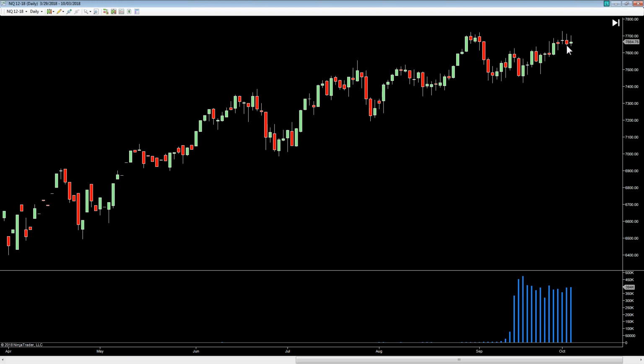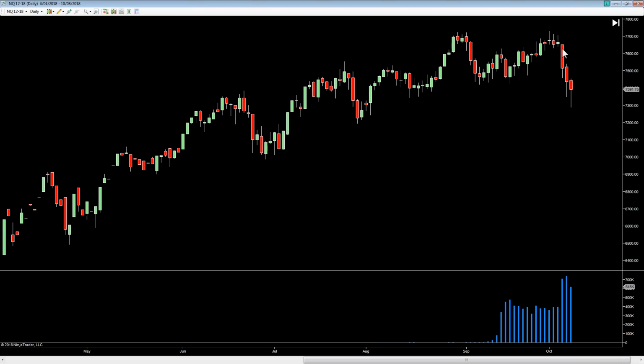But when you get tiny bars that aren't going anywhere, and you're still getting above average volume, that tells you that something's not quite right. And usually what that means is a reversal. Not always. Occasionally it can lead to a breakout. Usually it means a reversal. And that's certainly what we saw here.